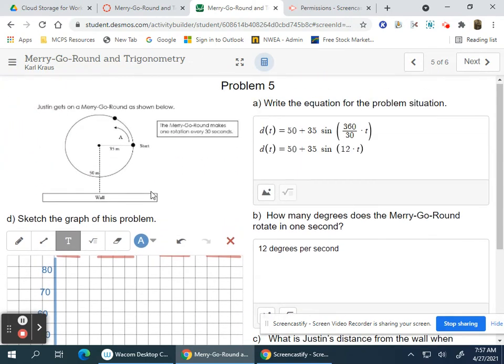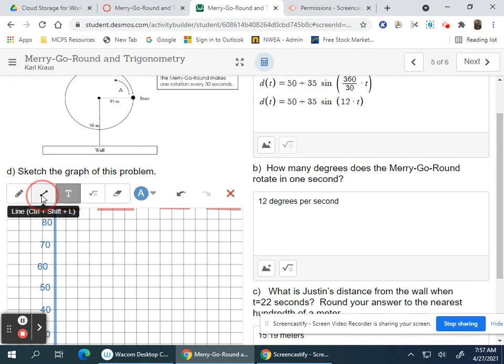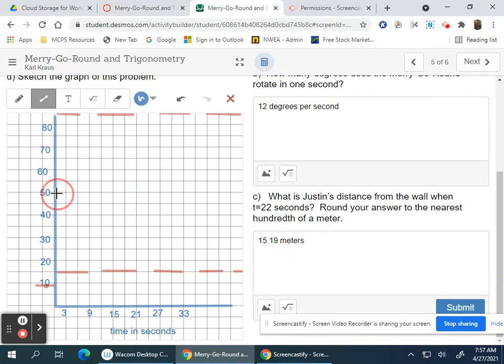All right, this center line is 50. I'll make that red.